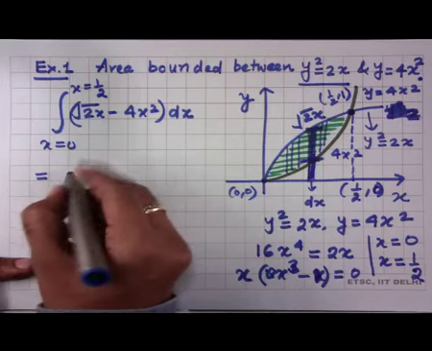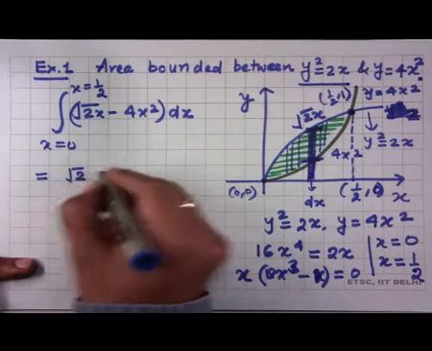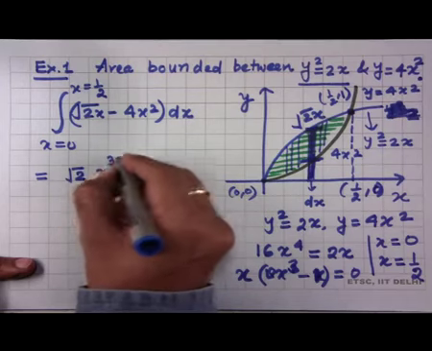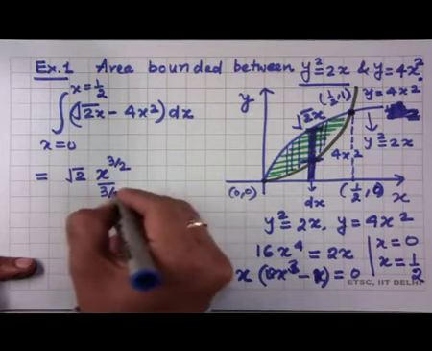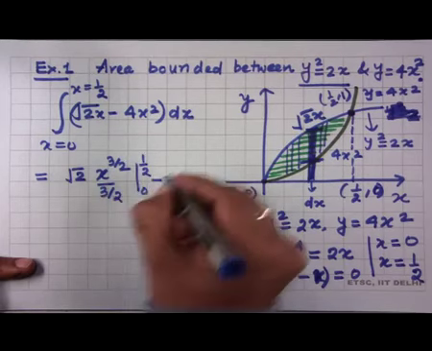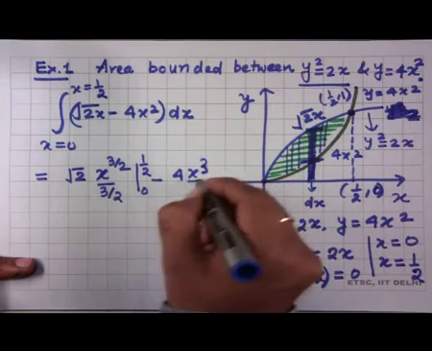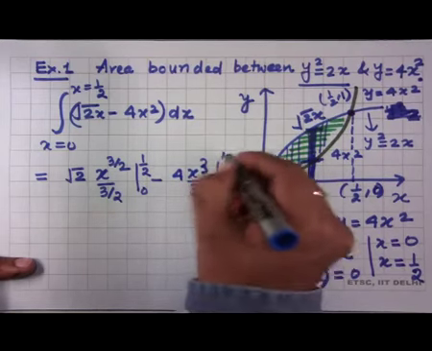So, you get root 2 times x to the power 3 by 2 by 3 by 2, from 0 to half, minus 4x cube by 3, from 0 to half.